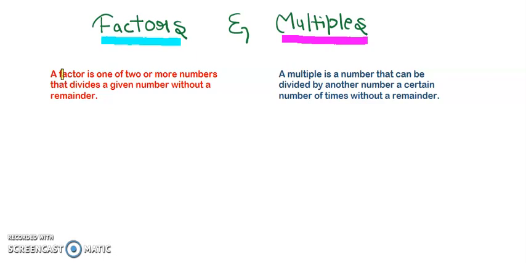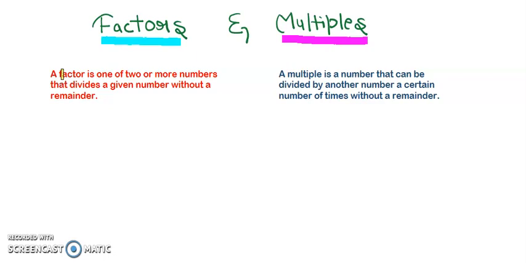Today, I'm going to discuss two very important things, that is factors and multiples. As we know, most students face problems regarding factors and multiples. They usually get confused between these two words, which are applied in mathematics.